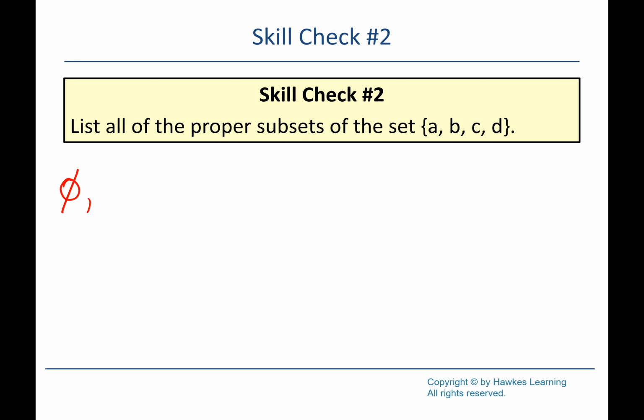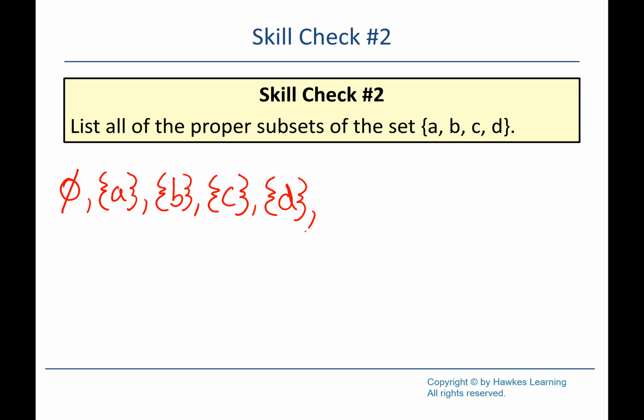And then we can do all the subsets that would only have 1 element. So we do A, B, C, and then D. And then we can go to the ones that have 2, so that's good. We can do A, B. C and D. What else?